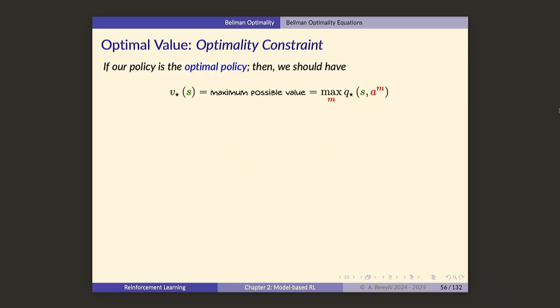Again, you don't know what the optimal policy is yet. You're going to know it soon. But the point is that if you are playing with that policy, one thing that you are sure of is that the action value computed at any state, when you maximize it, you must see the value of that state, right? If you don't see the value of that state when you maximize it, then this is not the optimal policy, right?